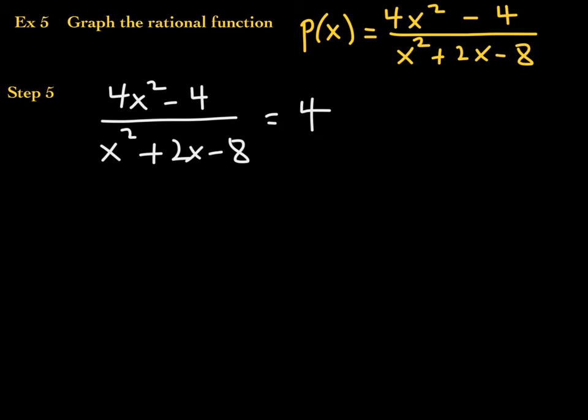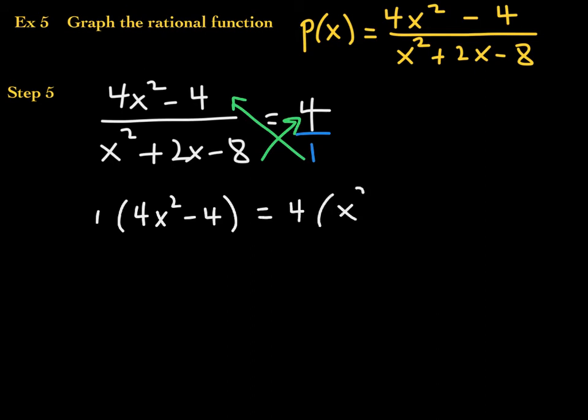Now, remember that 4 is really 4 over 1 if you'd like, and you can cross multiply. All right? So what you end up getting is 1 times 4x squared minus 4 is equal to 4 times x squared plus 2x minus 8.